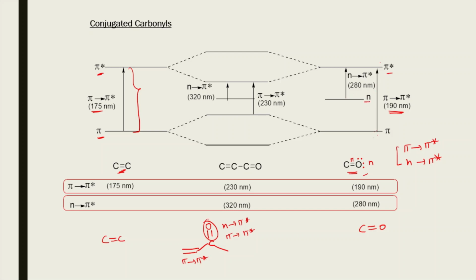And this is the non-bonding electron: 280 nanometer was the wavelength when the excitation was taking place from n to pi star.